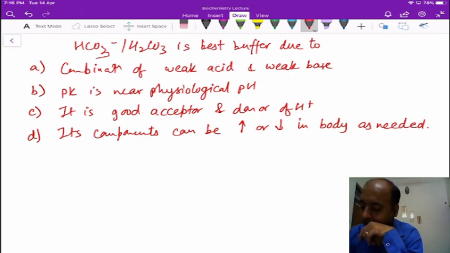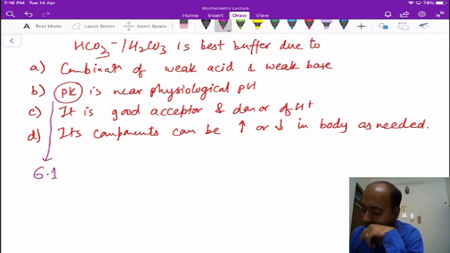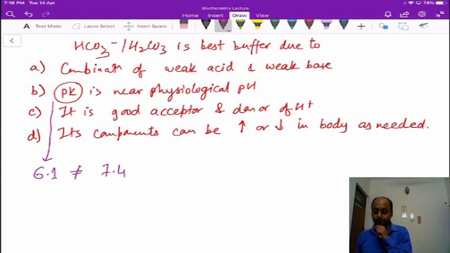Please recall the pK of the bicarbonate buffer system is 6.1. It is not close to the physiological pH. The pK of bicarbonate buffer system is 6.1.